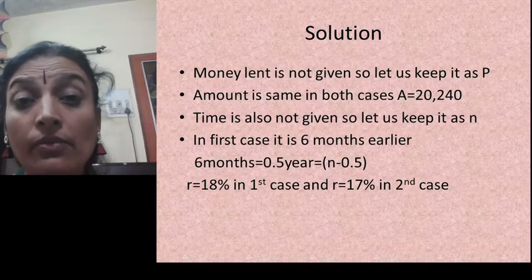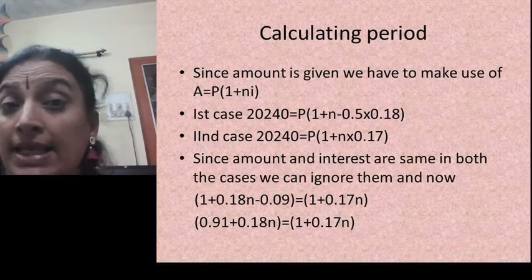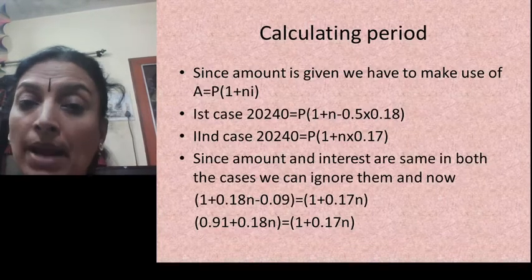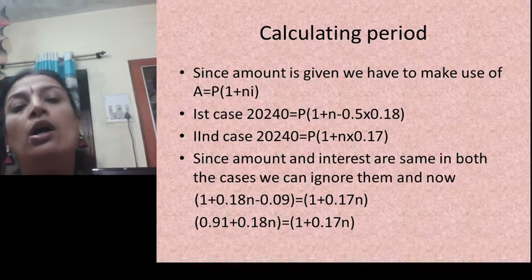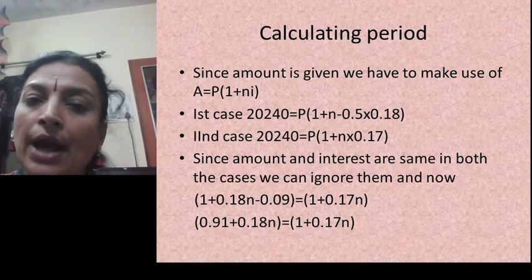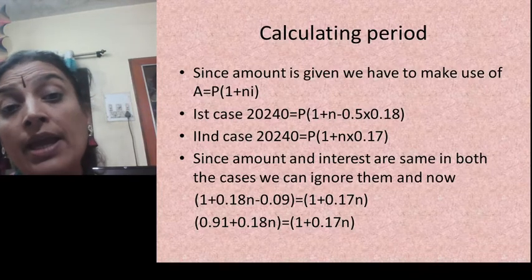Now the formula which should be used is the amount formula, that is A is equal to P, in the bracket, 1 plus N I. Dear students, I don't know whether you have understood I or not. What is this I?